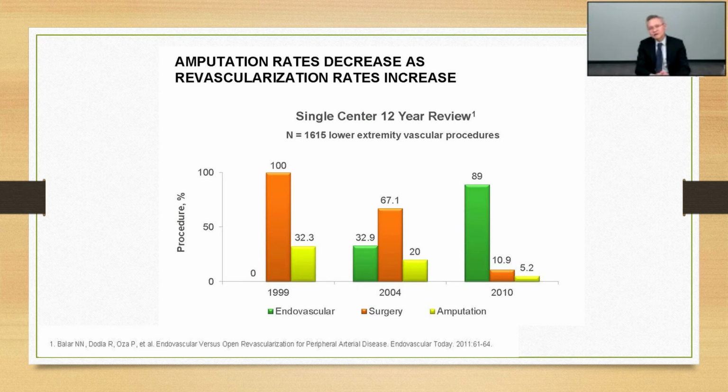And with the change, increased utilization of endovascular intervention, you see that the rate of amputation goes down also. So you start with 32% in 1999, it goes down to 20% in 2004, and by 2010, it was only 5.2%. You know, my personal experience is that it's actually even lower than this, around 5%.